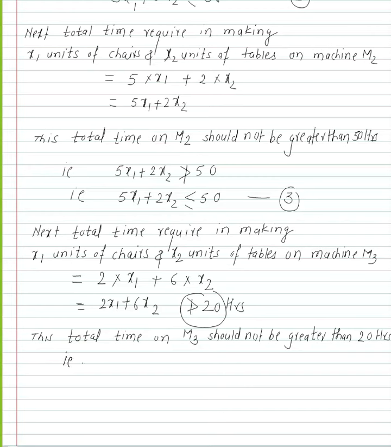That is, 2x1 plus 6x2, which is the time required on machine M3, should not be greater than 20 hours. Hence, the constraint is 2x1 plus 6x2 less than or equal to 20. This is the constraint on machine M3. Suppose this is equation number 4.